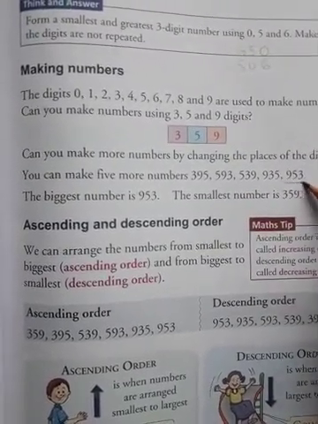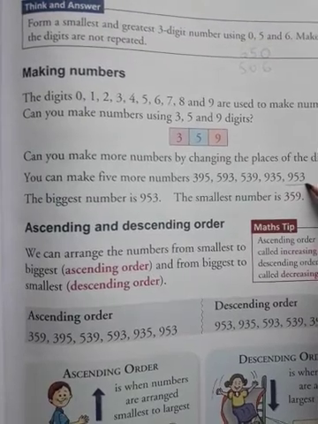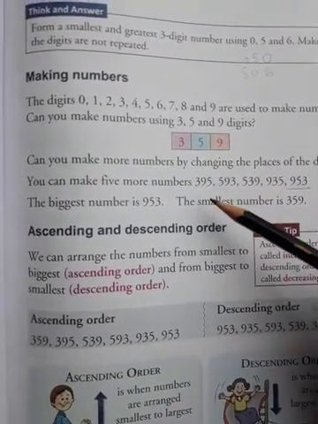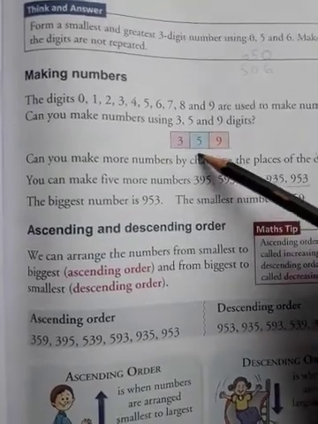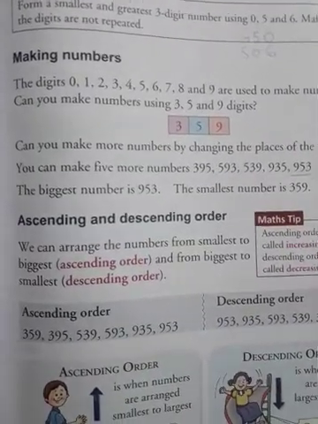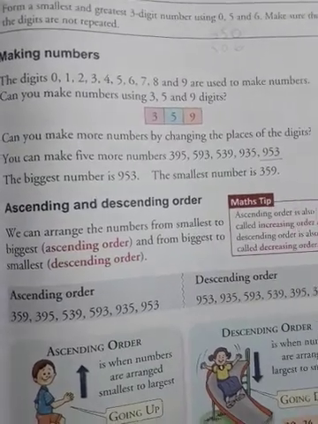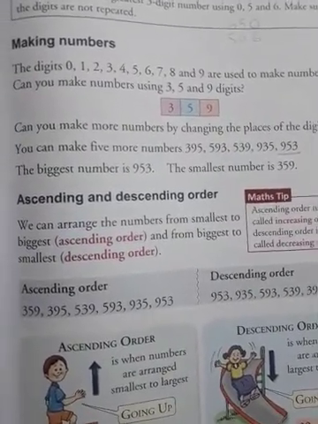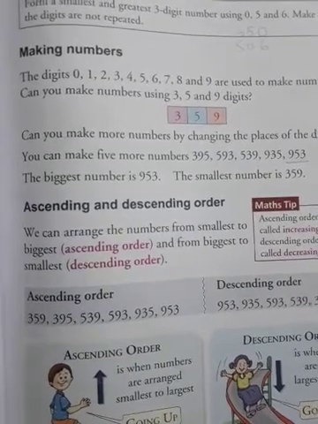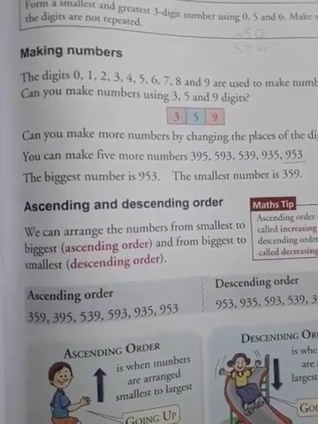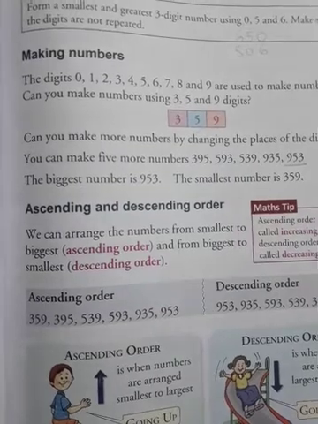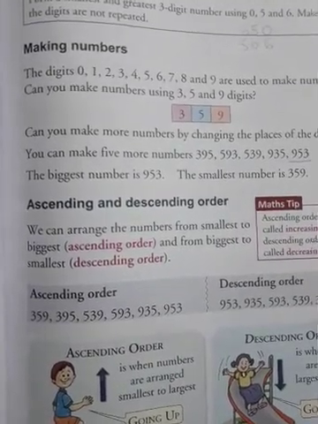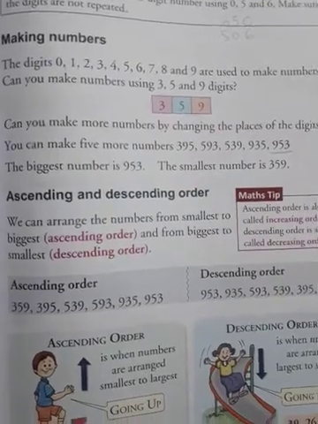So when you arrange the digits in ascending order, you will get the smallest number, and when you arrange the digits in descending order, you will get the greatest number. It's clear to all of you?